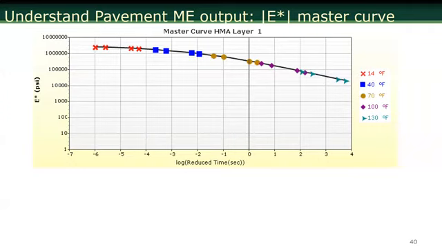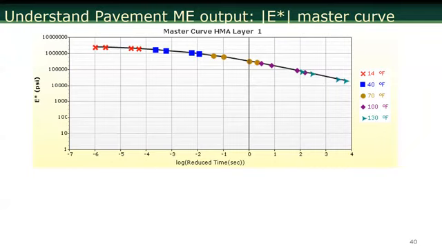What you're seeing here is, in the horizontal axis, the logarithm of reduced time, and in the vertical axis, E star in psi. Reduced time and reduced frequency are interchangeable, except reduced time is 1 over the frequency, or reduced frequency is 1 over the time.